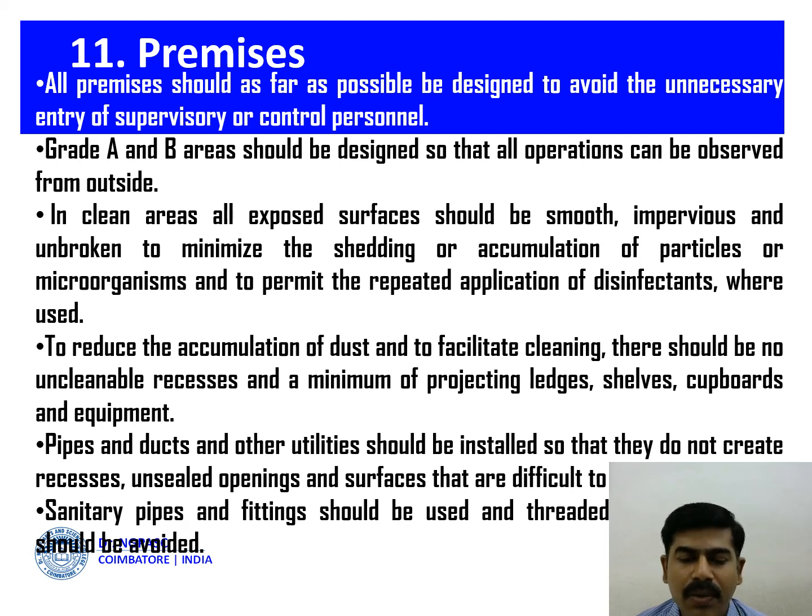To reduce the accumulation of dust and to facilitate cleaning, there should be no uncleanable recesses and a minimum of projecting ledges, shelves, cupboards, and equipment. Pipes and ducts and other utilities should be installed so that they do not create recesses, unsealed openings, and surfaces that are difficult to clean. Sanitary pipes and fittings should be used, and threaded fittings should be avoided.